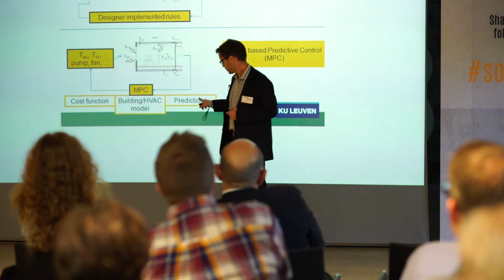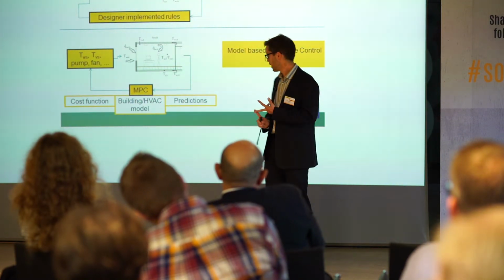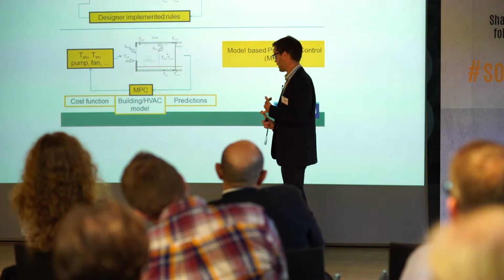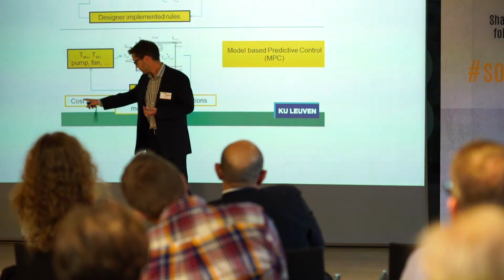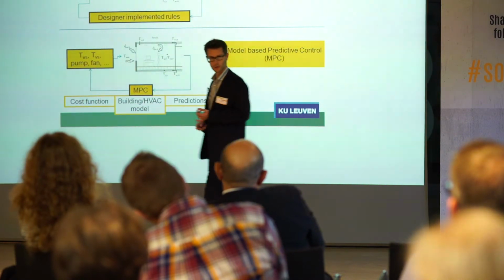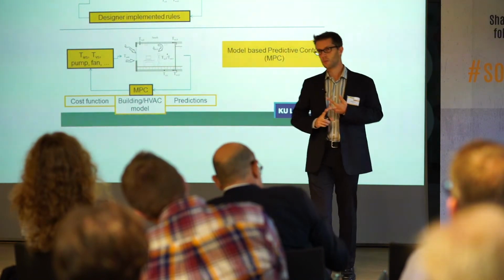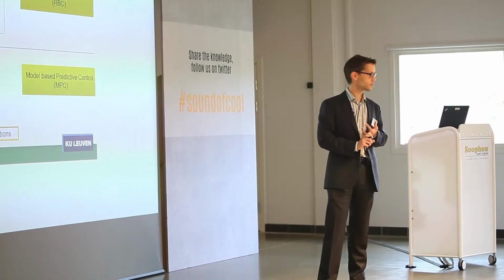The controller also knows what is coming up. So he knows what time people are coming in, if the sun is going to shine, what kind of weather it's going to be, things like that. And it also knows how much the energy that the system is going to use costs. How much the energy costs, and also what the cost of the comfort is.